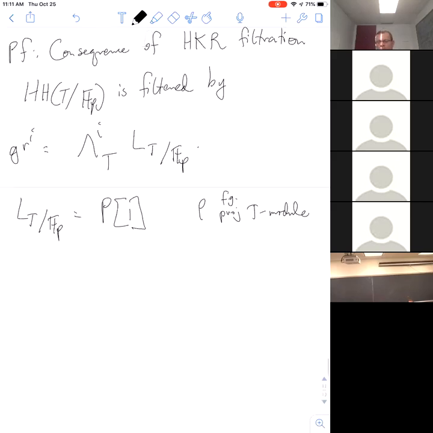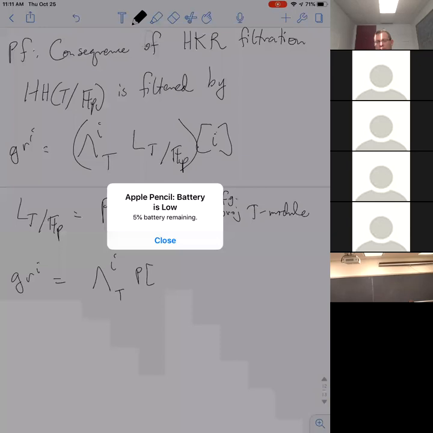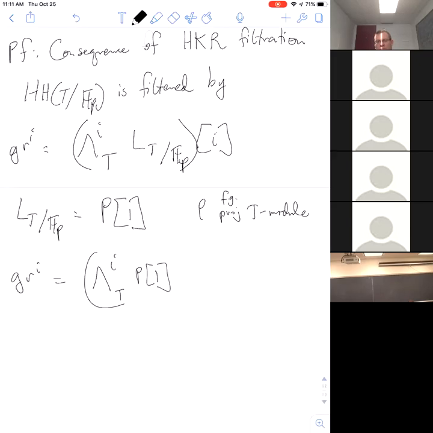So gr i, I'm sorry, this should be shifted by i. So gr i then becomes wedge i over T of P shifted by one, and then you shift it by i, just by this HKR filtration.